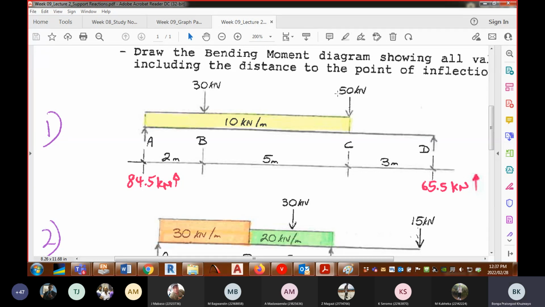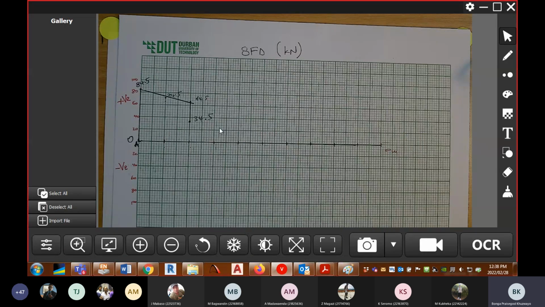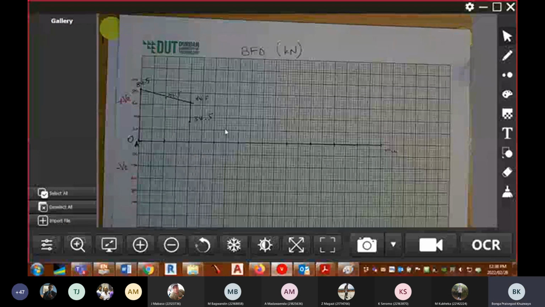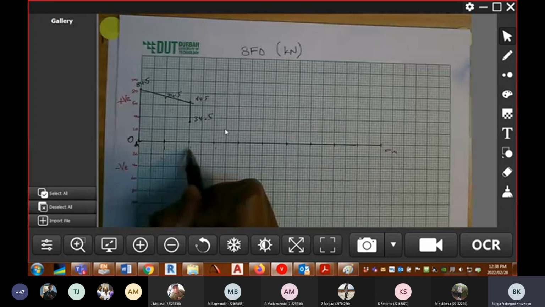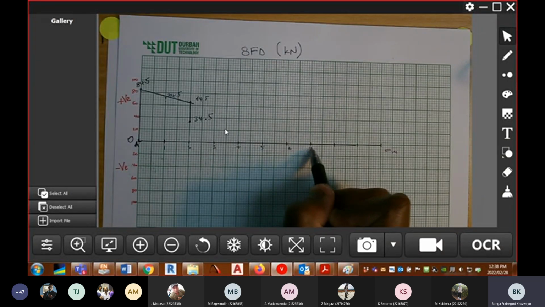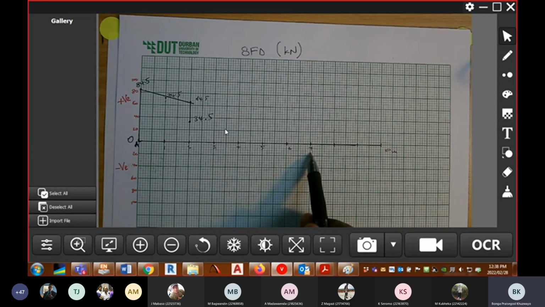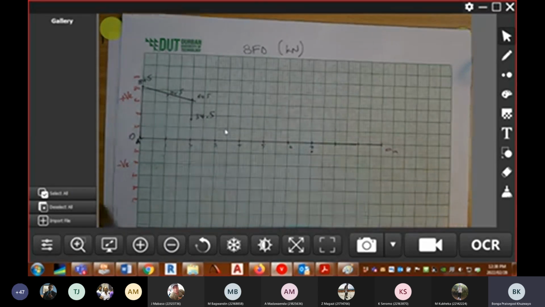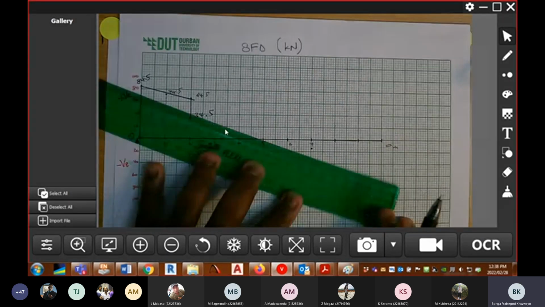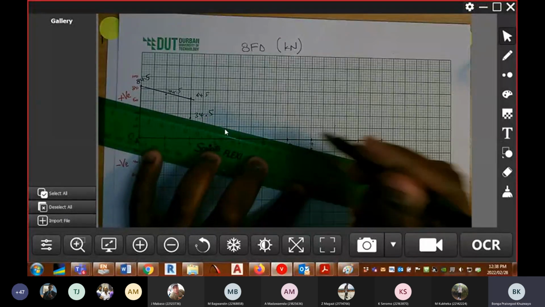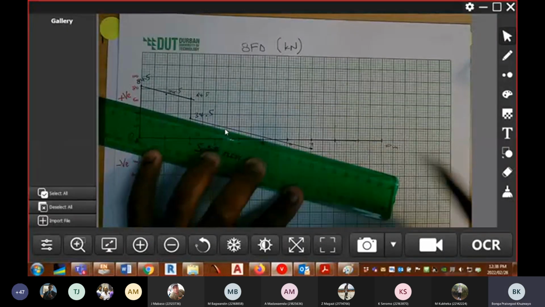If you go just to the left, you don't include the 50. My apologies. So you get minus 15.5. This is 1 meter, 2, 3, 4, 5, 6, 7 meters there. That's 20 there, 15 should be exactly there. Then you just need to join these two points.